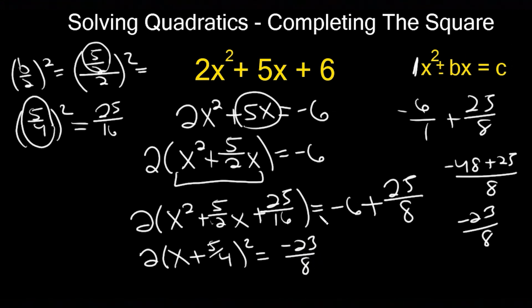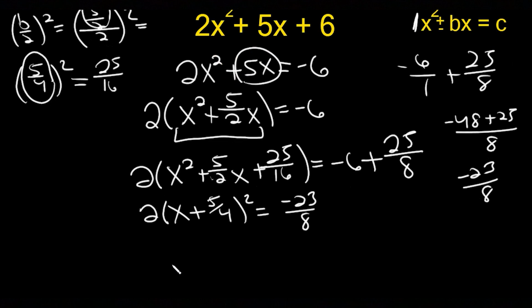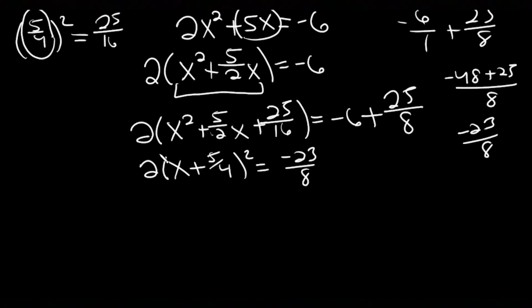Okay, so from here, I have to go ahead and solve for x, but first, now I have to divide out this 2. Okay, so I'm going to divide out that 2. Let me go ahead and scroll down here. So dividing both sides by 2, that will cancel here, and dividing this side by 2. So again, think about keep, change, flip. You're going to end up getting -23 over 16 when you do that.